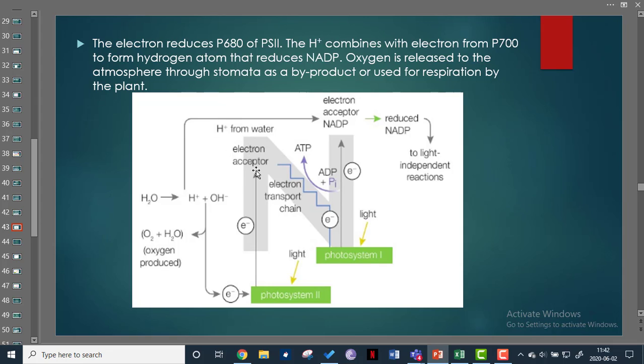Now, from the primary electron acceptors, they are passed to other electron carriers along this electron transport chain, whereby we said in our previous sessions it's like a staircase, and energy is lost as those electrons move from higher energy states to lower energy states.